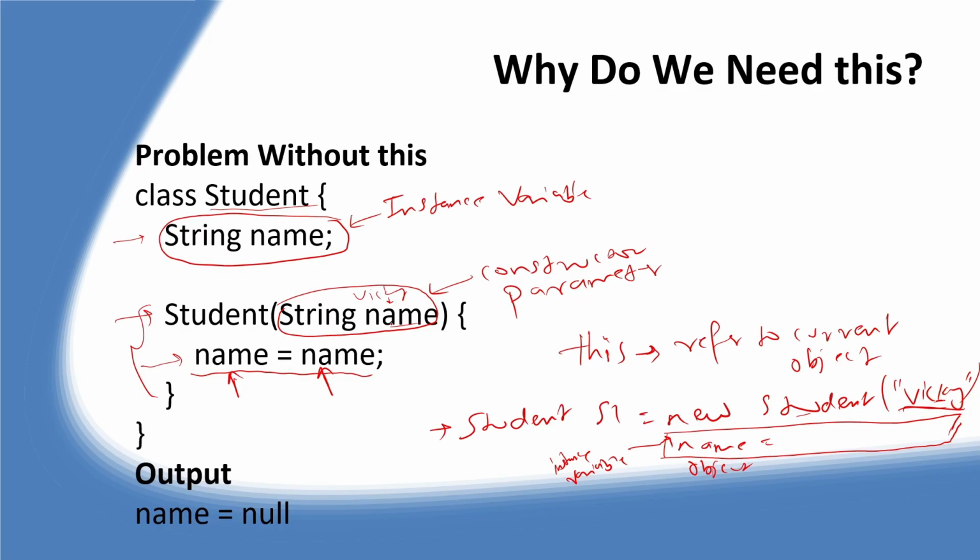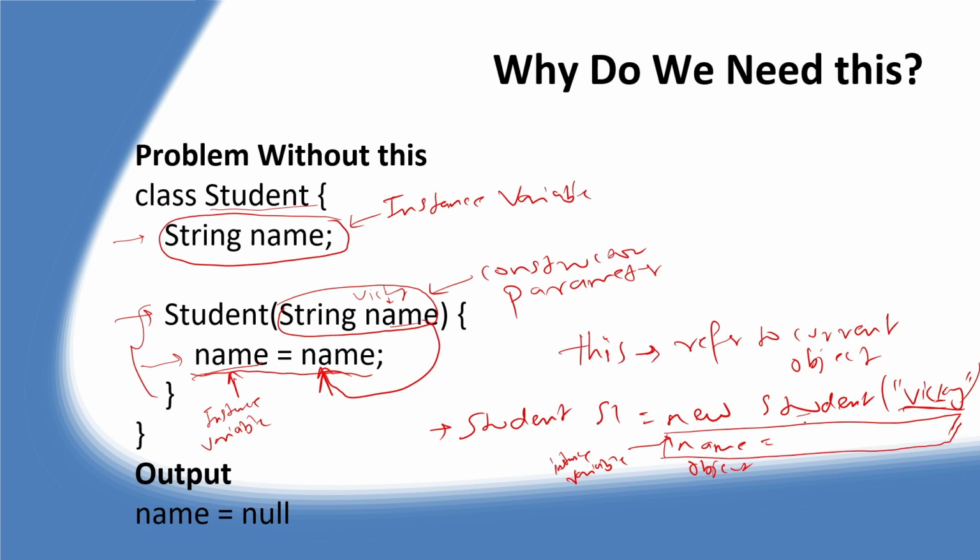So this value wiki should be assigned to the instance variable, and this is the constructor parameter.